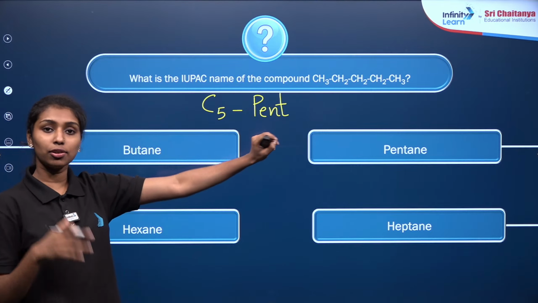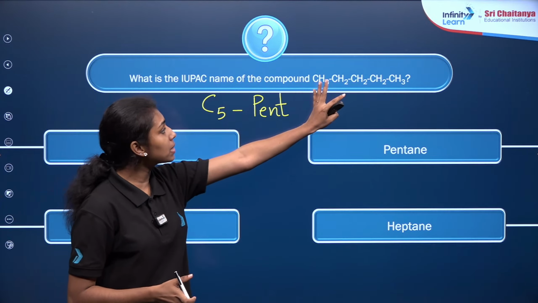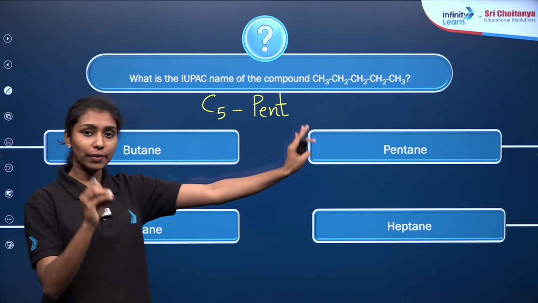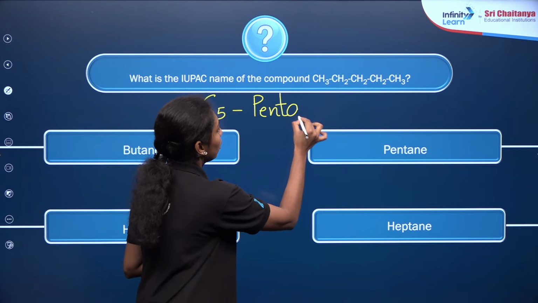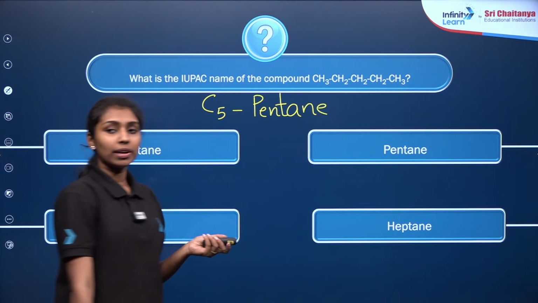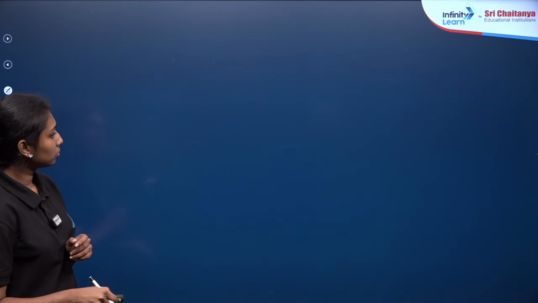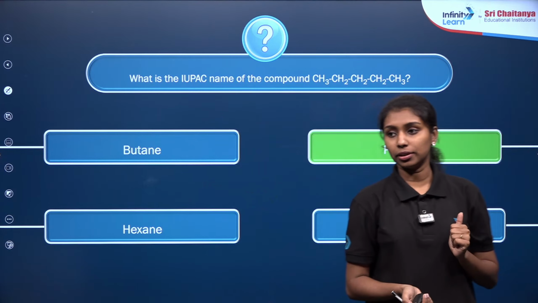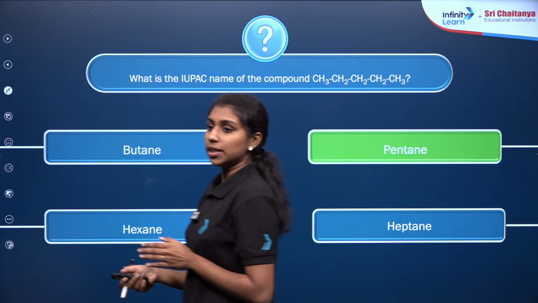If you write down the structure here, all the valencies of carbons are satisfied by single bonds with the hydrogen atoms. So the suffix will be ane. Clear? So what will be our answer? Pentane, right? So option B, pentane, is the correct answer for this compound. Okay, I hope you understand.